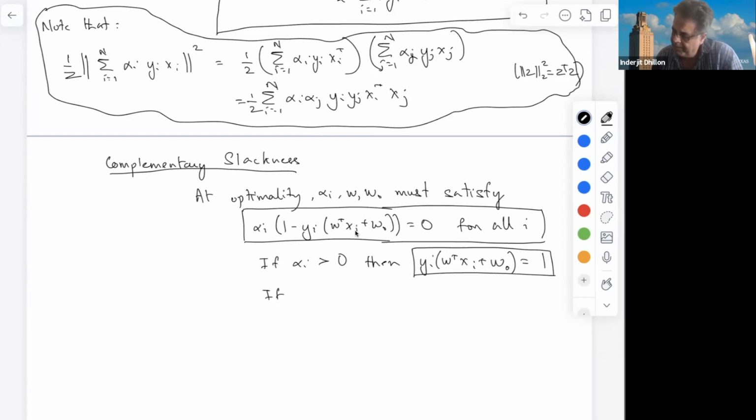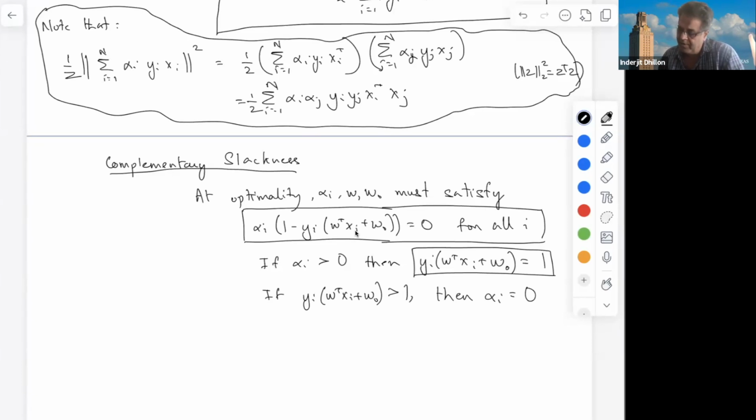And if yi times (W transpose xi plus W naught) is greater than 1, then alpha i should be equal to 0. So this is just algebra, right?